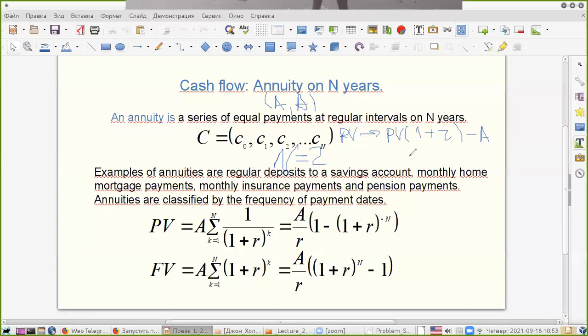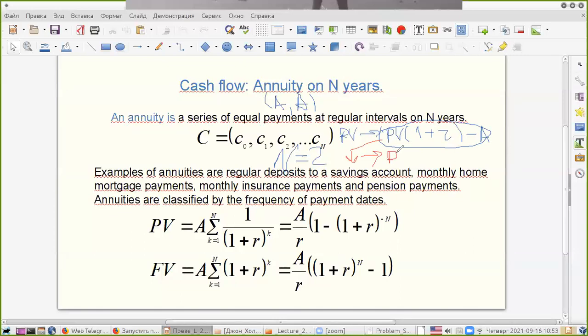In the second year we have this value at the beginning of the period, and at the end of the year we have this value multiplied, as always, by 1 plus r.